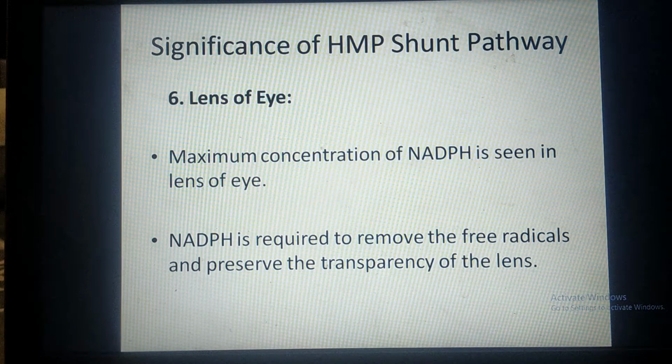To maintain the transparency of the lens, the free radicals should be removed early, and NADPH, as we have seen, with the help of the three enzymes, removes the free radicals from the lens.